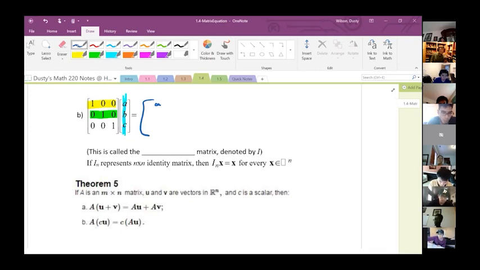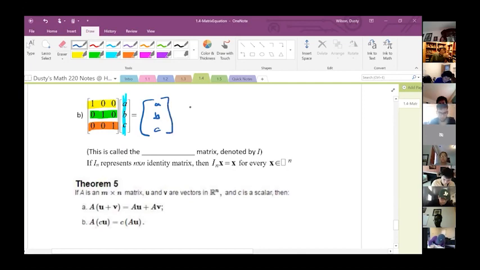You get 0 times A plus 1 times B plus 0 times C, which is just B. And then you take your third row, 0, 0, 1, multiply it by ABC, and get 0 times A plus 0 times B plus 1 times C, which would be C.